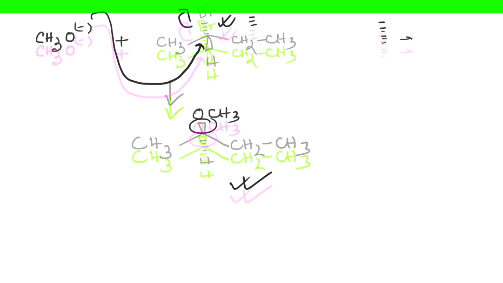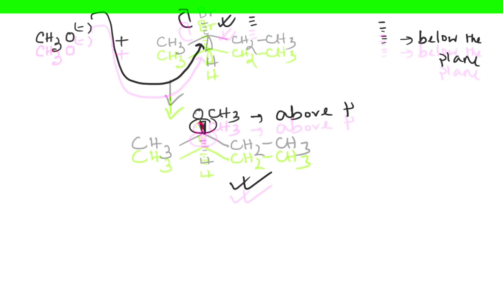Okay, wait. This type of bond is known as below the plane, and the wedge form of bond is above the plane. Okay, let me use a 3D model so it will be easier to understand. Just a minute.